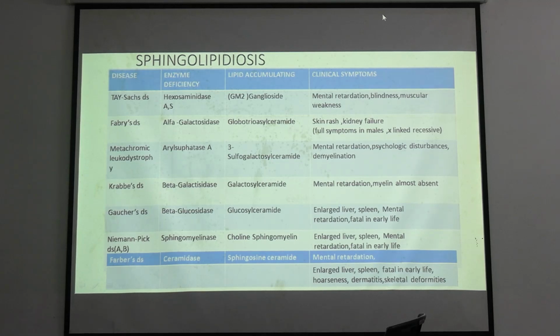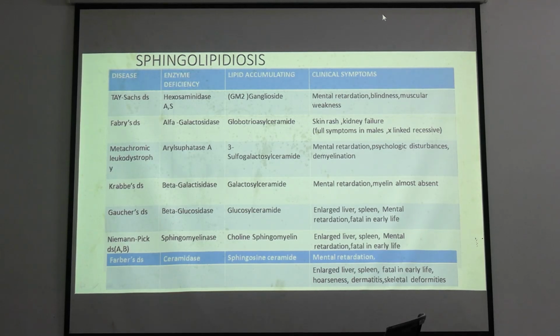In Tay-Sachs disease, it is hexosaminidase A. The lipid accumulating is ganglioside; if you write that, it will be enough, but if you write GM2 ganglioside, that will be good. Clinical symptoms: mental retardation, blindness, muscular weakness.